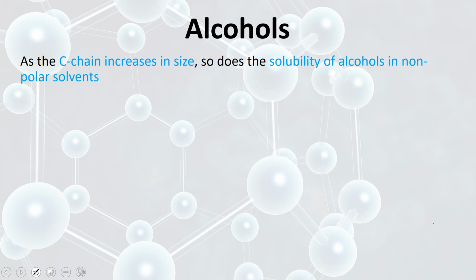So as the carbon-to-carbon chain increases in size, so does the solubility of alcohols in non-polar solvents. So if I have like that nonanol, assuming that's a thing, that would be more dissolvable in oil as opposed to ethanol, because it's more non-polar than polar.